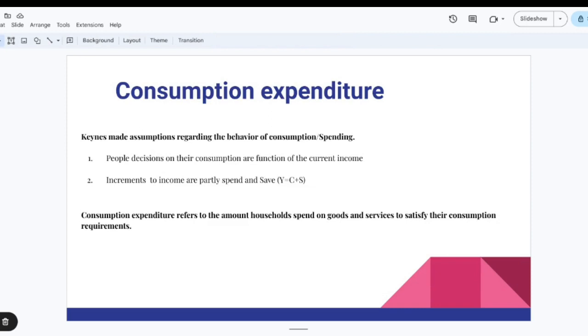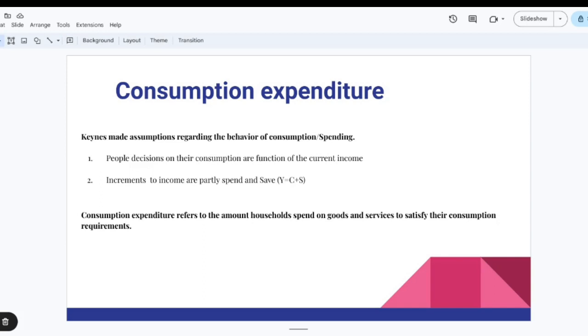Now, as it relates to consumption expenditure, which is what we should be focusing on, we have two main assumptions made about this by Keynes. He says that people's decisions on their consumption are a function of the current income, meaning what they have now, and that increments to income are partly spent and saved.